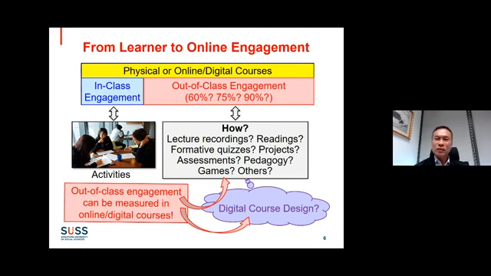And this is what is very important. So when we observe out-of-class engagement, we are still concerned about engagement as a whole for the course, because engagement is very much associated with learning, with performance, with course completion and attrition, and with also course satisfaction.